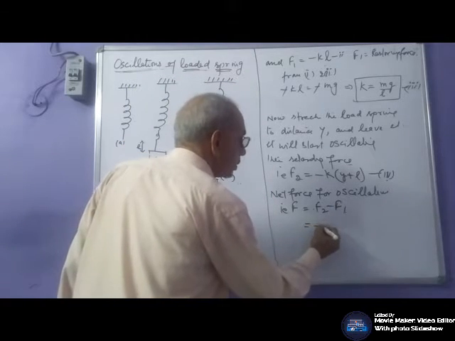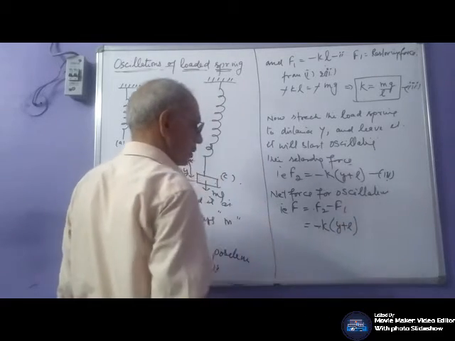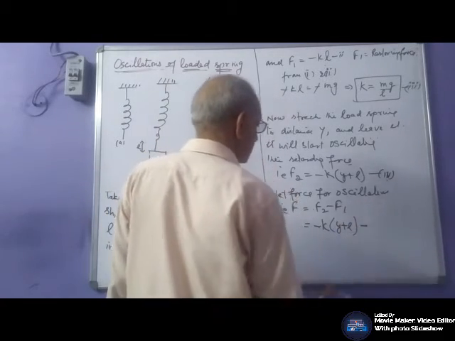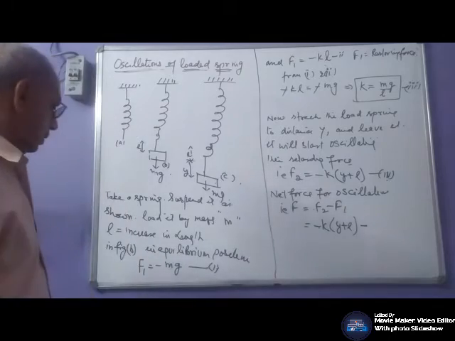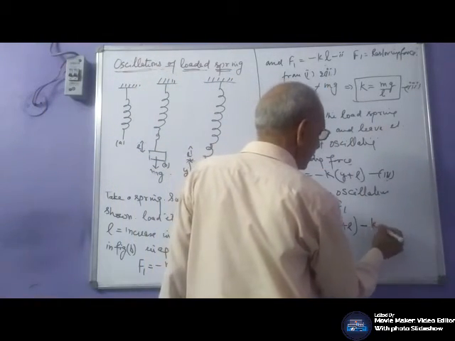F2 is minus K(Y plus L) minus F1, minus KL.